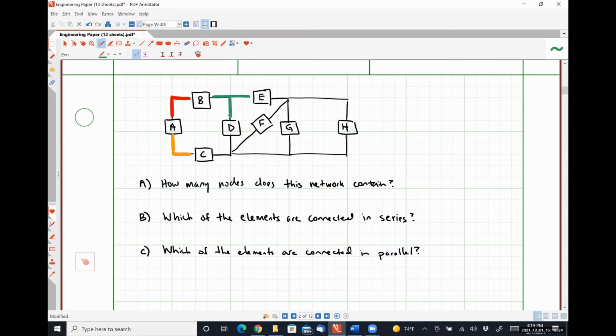This guy in green, which connects B, D, and E. This guy in blue, which connects C, D, F, G, and H. And then this guy in purple, which connects E, F, G. Henry, you were absolutely correct. There were 5 nodes in this network.